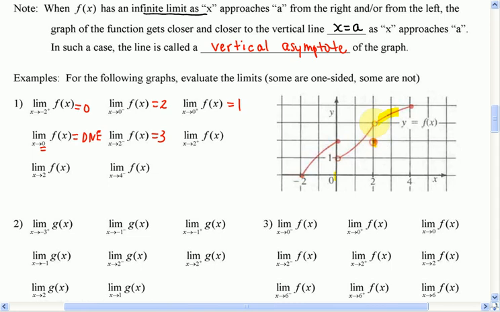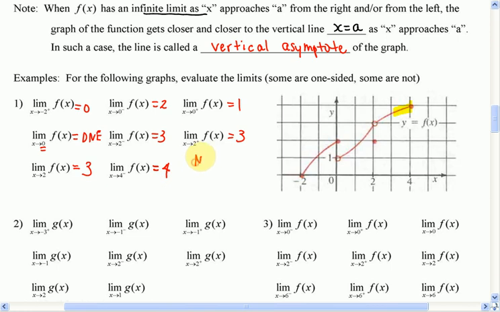I'm not going down there, but I'm staying up here, so that's still 3. And if I asked you for the limit as x approaches 2, because the two previous, from the left and from the right, both equal 3, this also must equal 3. And finally, the last one, x approaches 4 from the left. That's this way from the left. Looks like I'm getting closer to the value of 4.